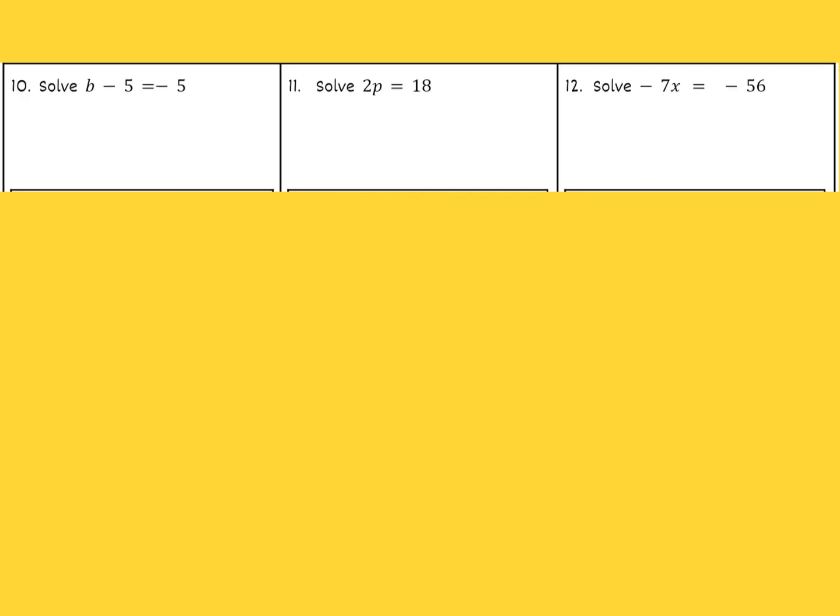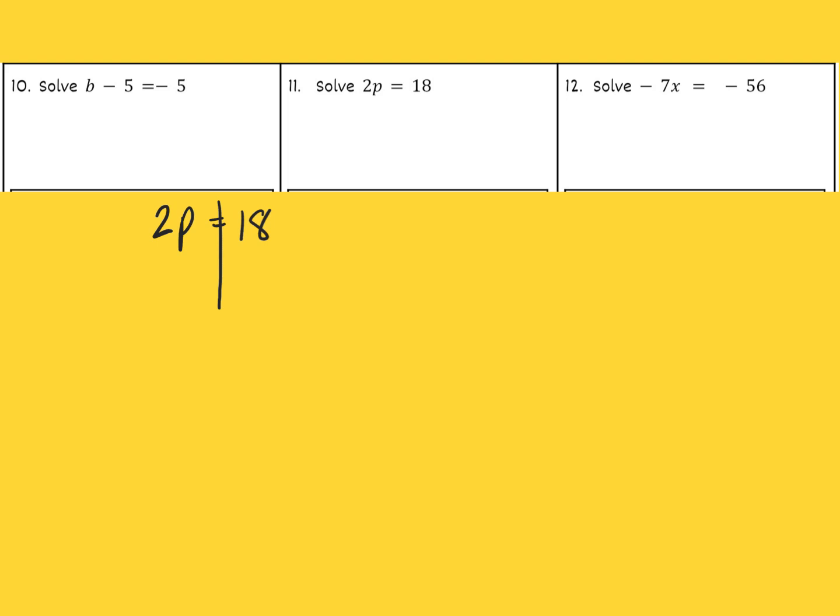Next we're going to work on problem 11, which is solving 2p is equal to 18. I'm going to divide my equation into a left and right side. My first step is to work on the side with the variable by trying to get p by itself.